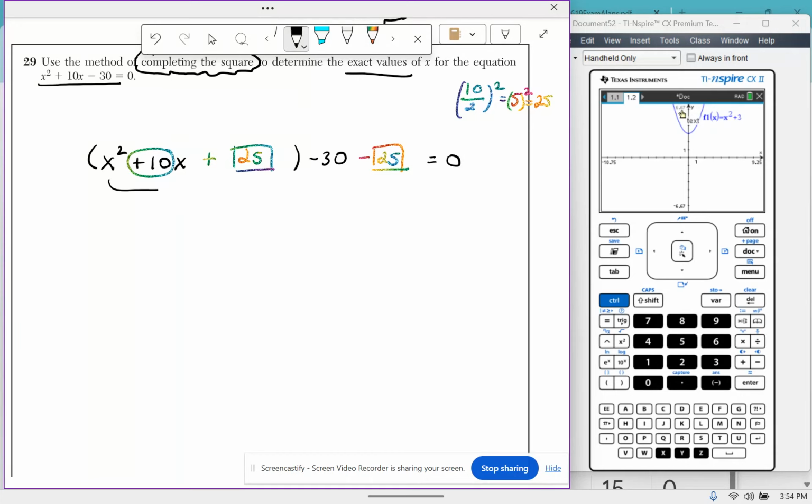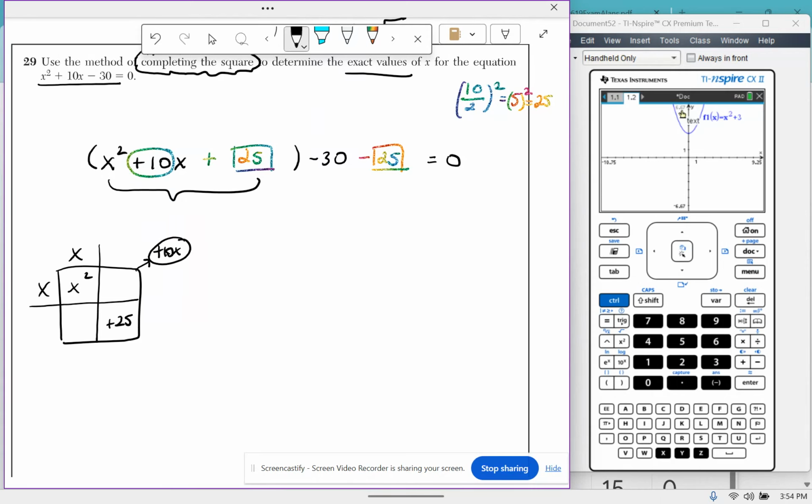Then I'm going to factor this trinomial using a box or just using your head. I'm looking for the factors of 25 that add up to positive 10. They are 5 and 5. They must both be positive to add up to a positive 10.